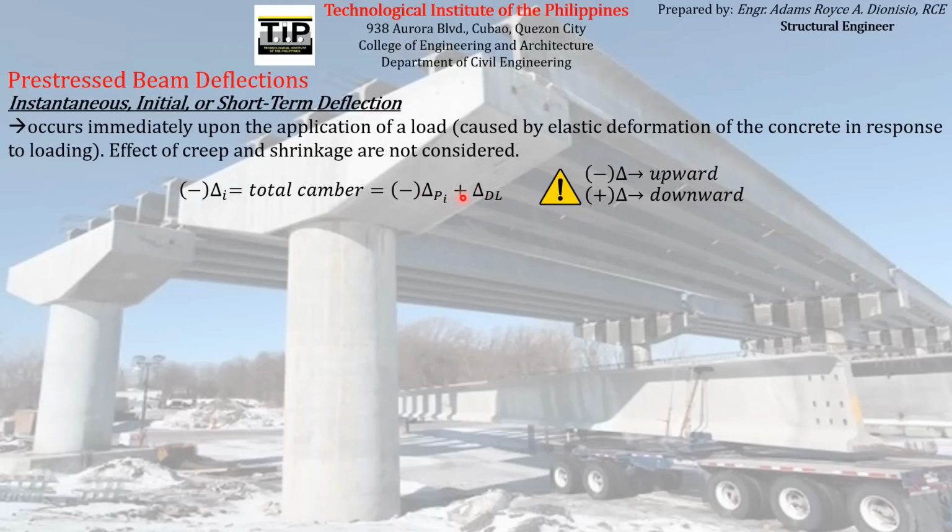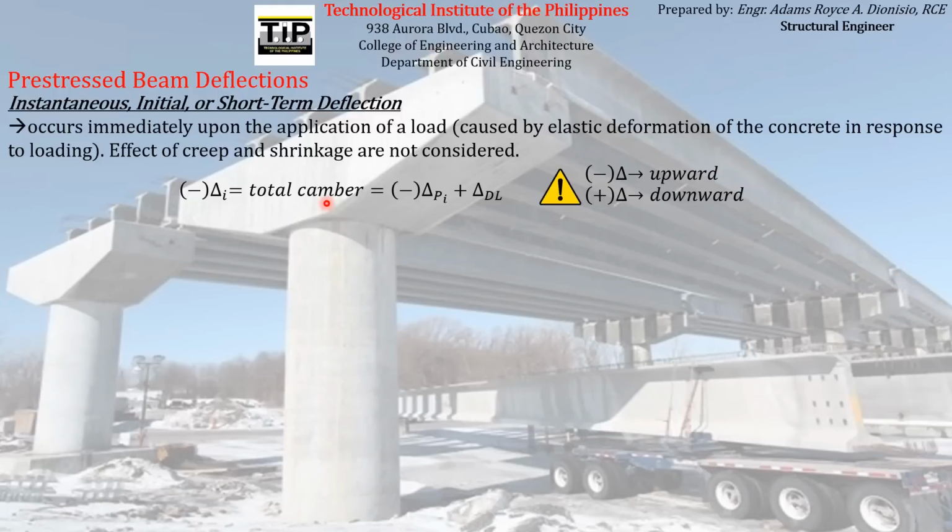If you try to compute the total camber that will be experienced by the prestressed concrete beam, it is the sum of the deflection due to the prestressing force alone and the deflection of the beam due to its self-weight, as it supports its own weight. So that is how you can compute the total camber experienced by the concrete element.